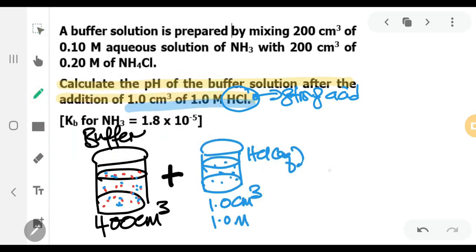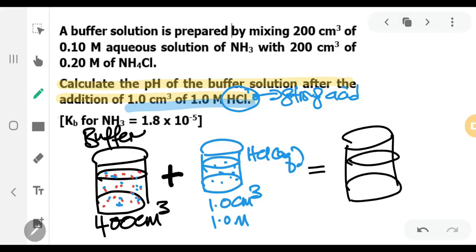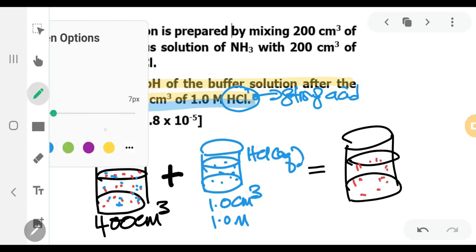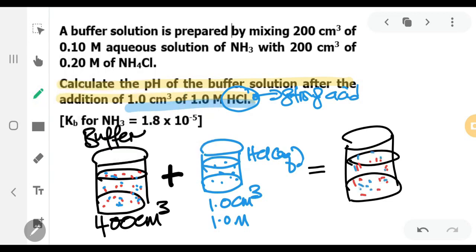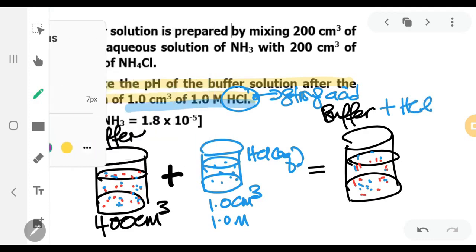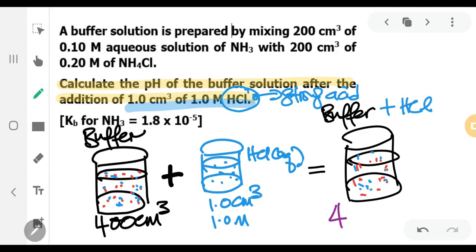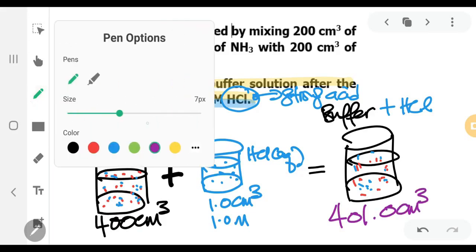And what happened to the total volume then? Right now we'll have a buffer solution that has been added with HCl, and now the total volume would be 401.0 cm³.